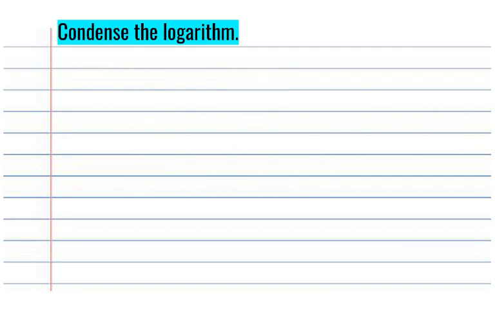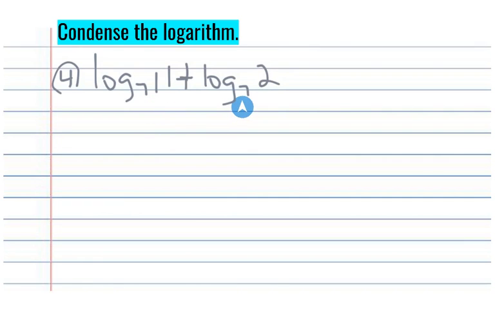Let's try a couple more. Let's try example number 4, maybe. So let's say we had log base 7 of 11 plus log base 7 of 2. So on this one, first thing I'm going to check, are my bases the same?